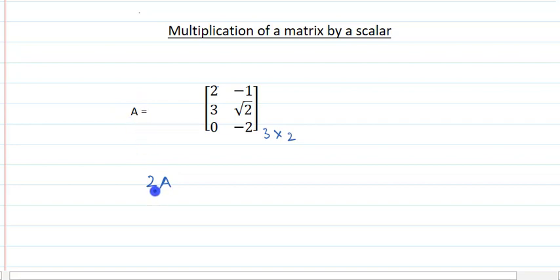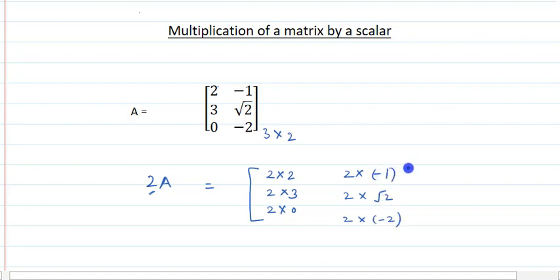Then, how to calculate this 2A? This 2A can be calculated by multiplying each element of A by this number, that is 2. Meaning 2A is 2 multiply 2, 2 multiply 3, 2 multiply 0, 2 multiply minus 1, 2 multiply root 2, 2 multiply minus 2.